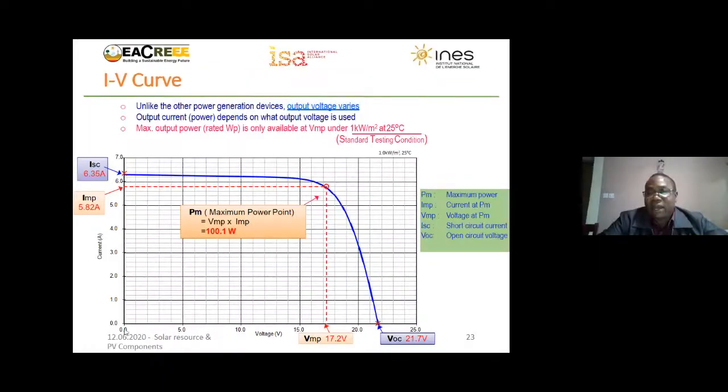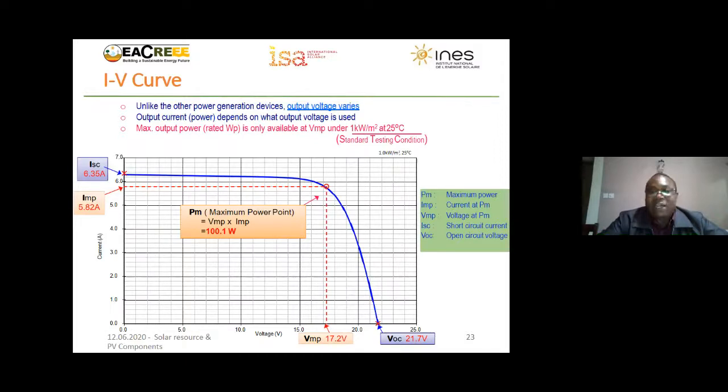So when you vary voltage along the x-axis, you are able to trace this curve, which is referred to as an IV curve. Within this curve, we have these two variables that, when combined, you can get maximum power out of that module.